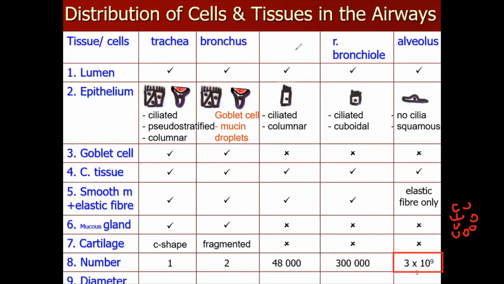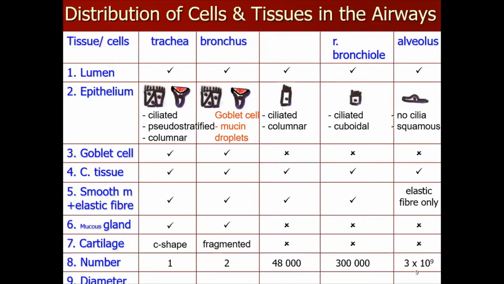That increases the efficiency of uptake of the gas by diffusion, because the rate of diffusion is surface area times concentration gradient divided by distance, L. So the branching has helped us increase the surface area, and therefore increase the rate of diffusion for oxygen as well as CO2. Oxygen goes into our body, and CO2 goes out of our body from the bloodstream.